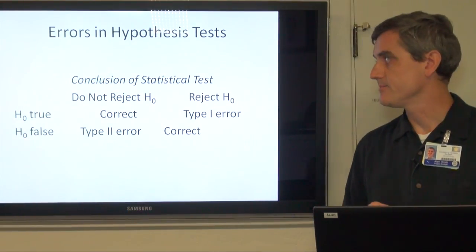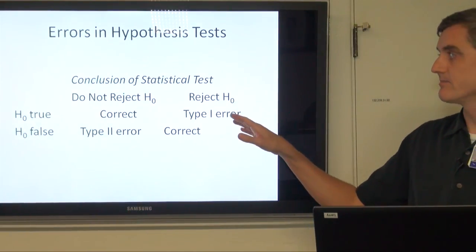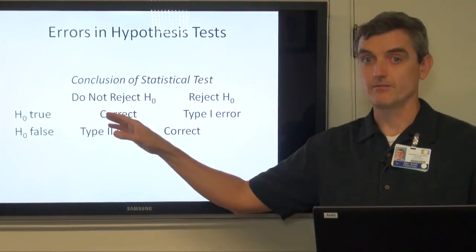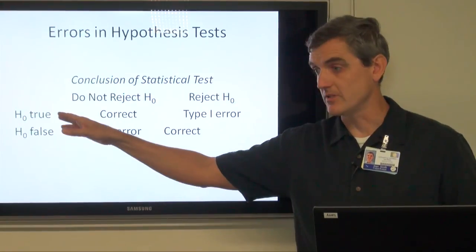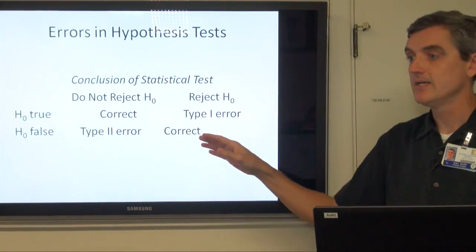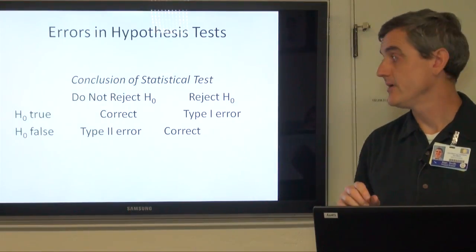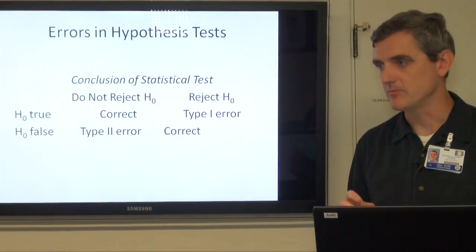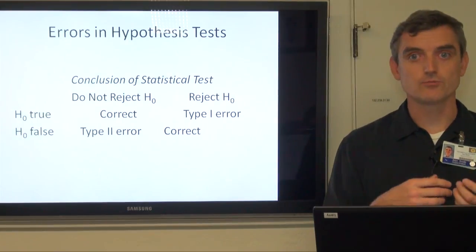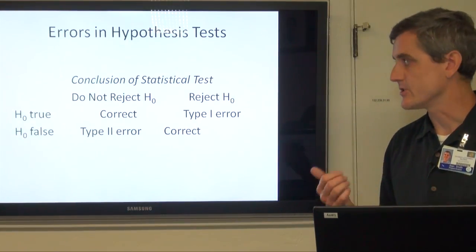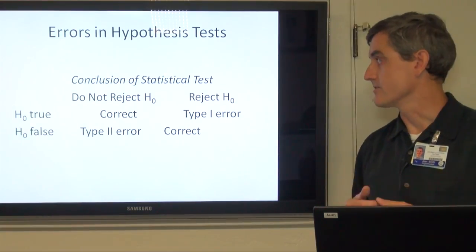One is that you actually reject the null hypothesis when there really is no difference. Null hypothesis is true and you reject it. That's a mistake. It's called type 1 error. And we usually set the probability of type 1 error to 0.05. So you've got a 1 in 20 chance of falsely rejecting your null hypothesis.